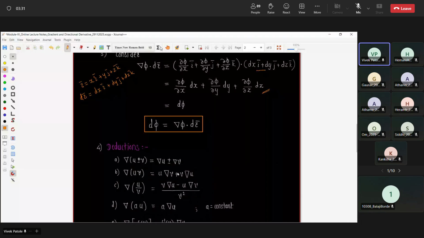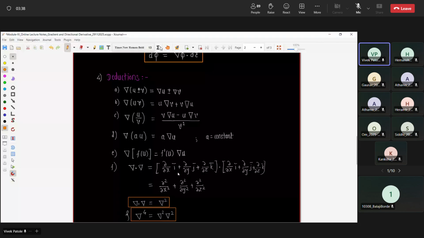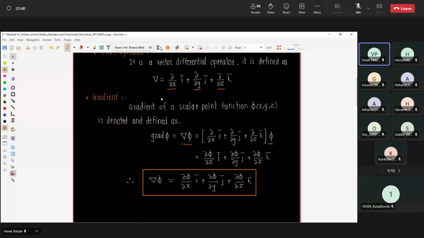Now, as we introduce this del operator, we must know its properties and how to use it. For that reason, here we are discussing this del operator. What is the del operator? We have discussed: it is a vector differential operator.